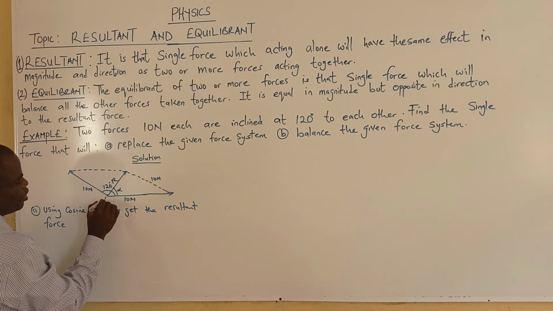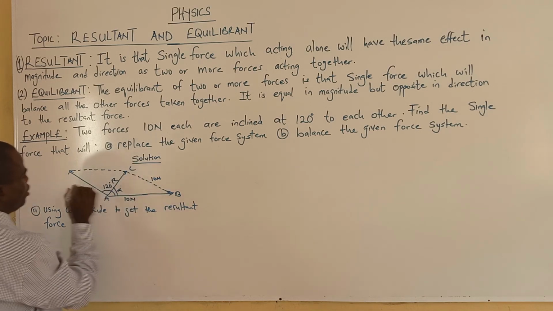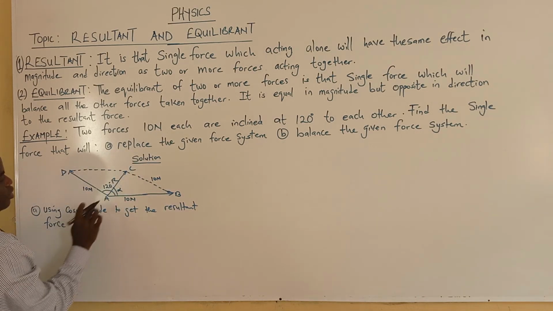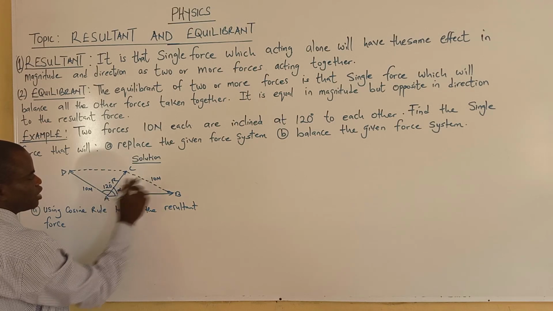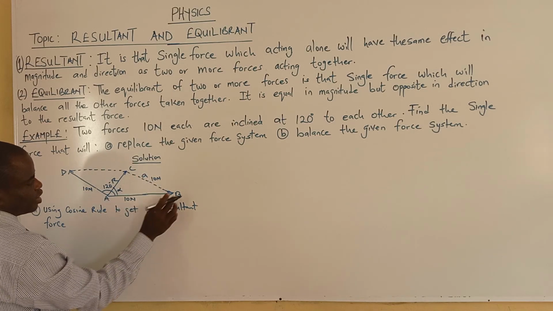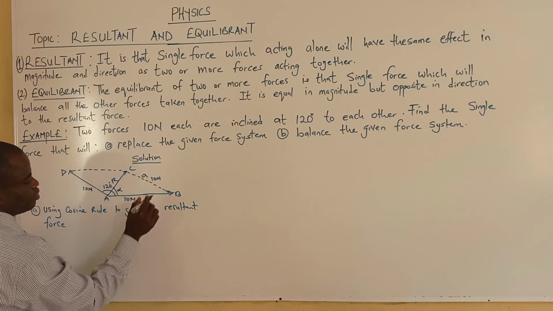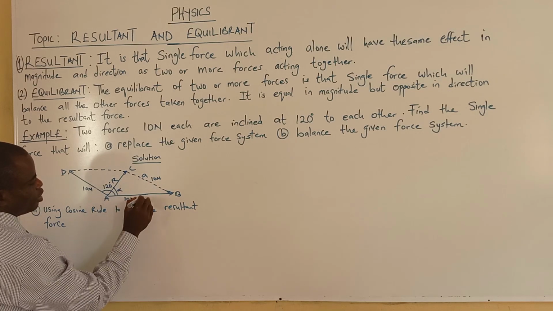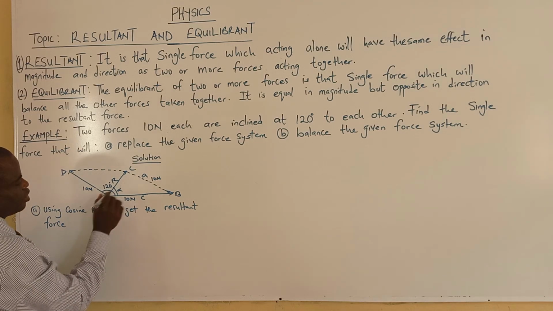Now let's label A, B, C, D. Opposite to this angle, let's call it small letter a, because the line is opposite to this capital letter A. Capital letter B, since you have R, just leave it as opposite to this. Now C, small letter c. Now what you need to do is to get the angles.